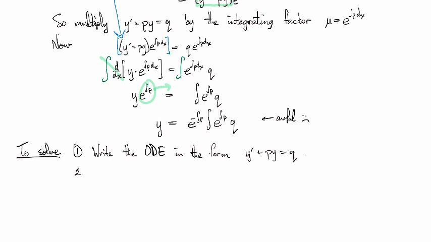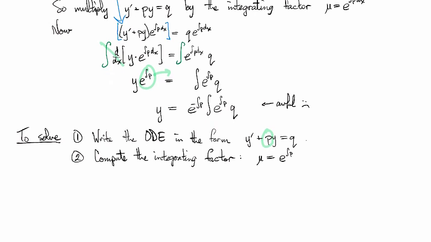Okay, and then step two, compute the integrating factor. In a given example, this might require some amount of work. So what you're going to do is determine the coefficient of y here and then integrate it. So you take the integral of that p, and then you exponentiate the entire thing. And that'll be your integrating factor.